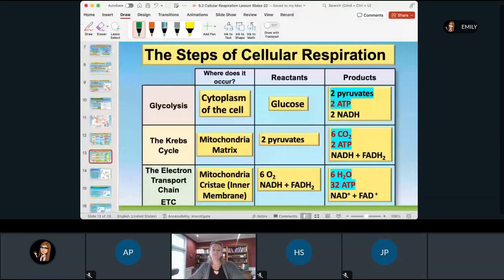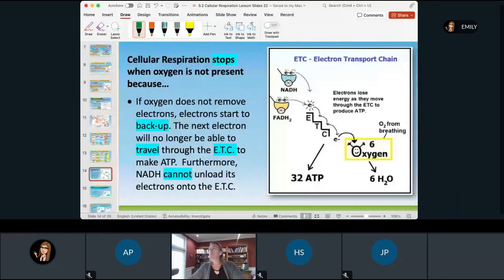So this is a nicer looking table than the one that I just made, but you guys do have this in your notes. And then let's talk about what happens when oxygen is not there. Okay.